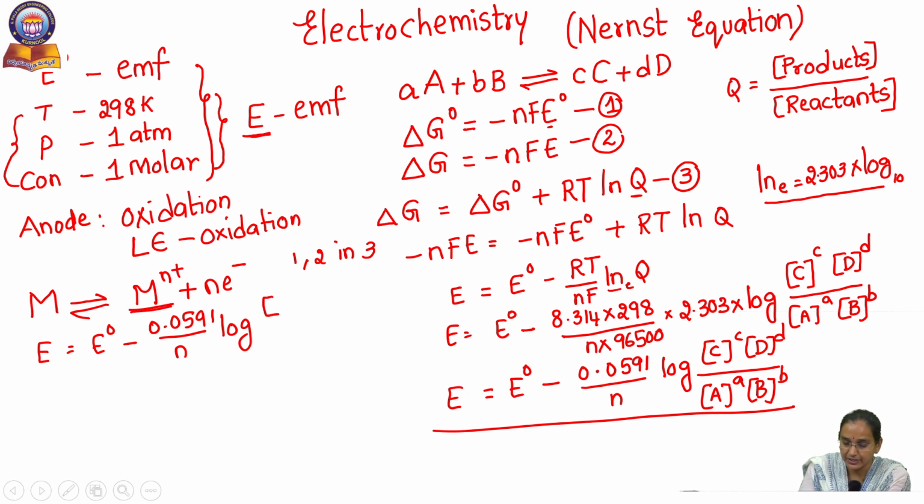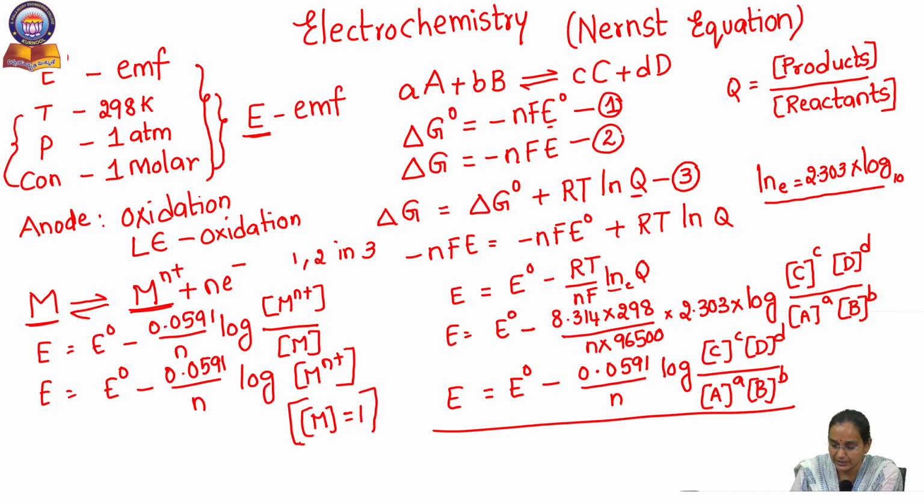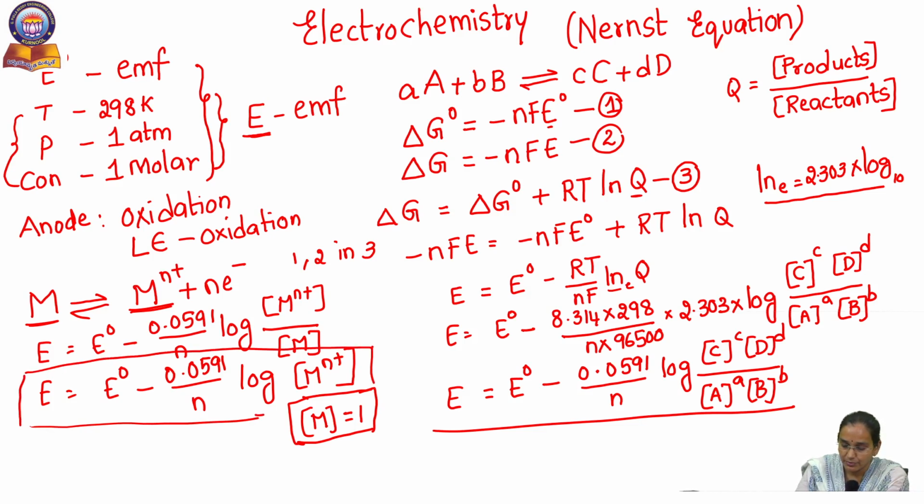What is the product here? The ion. Divided by what is the reactant here? Metal. If we simplify this, E equals E naught minus 0.0591 by n into log of the concentration of the ion, because the concentration of metal is always taken as unity. That means the concentration of metal is 1.